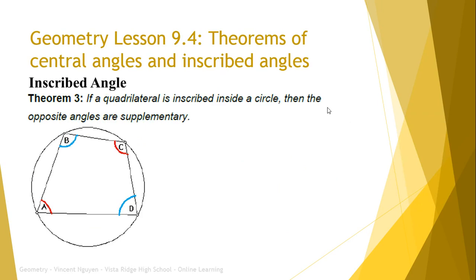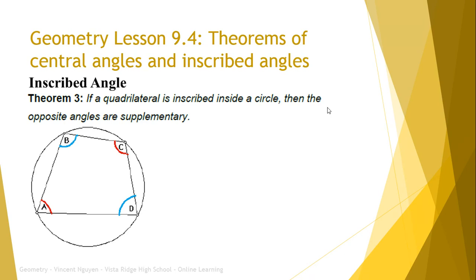Let's talk about the third and final theorem for inscribed angles. It says if you have a polygon inscribed inside a circle, the opposite angles of this quadrilateral are always supplementary. So angle A and angle C make up 180 degrees.